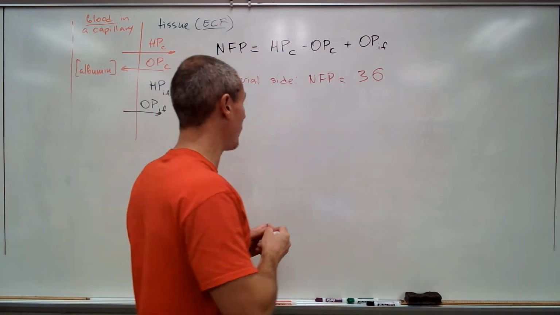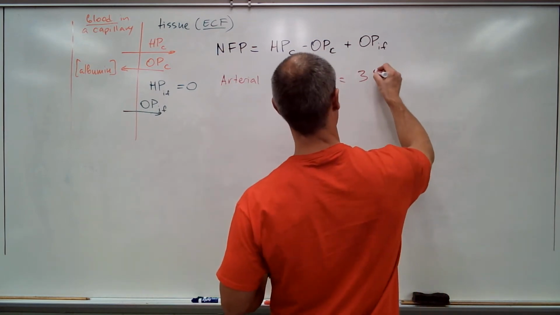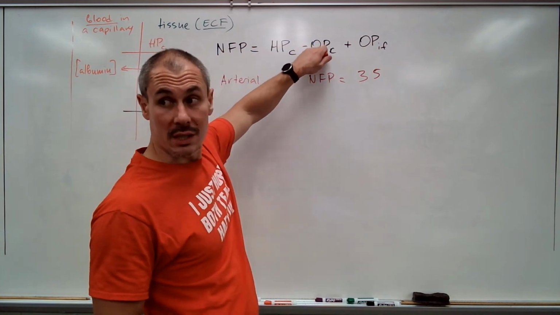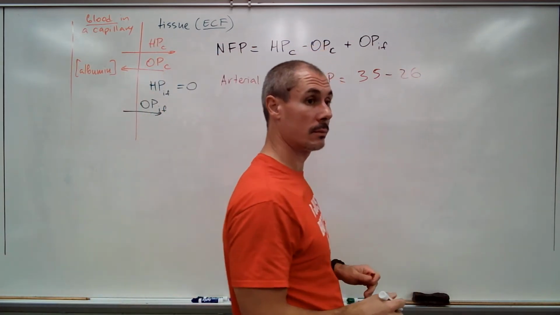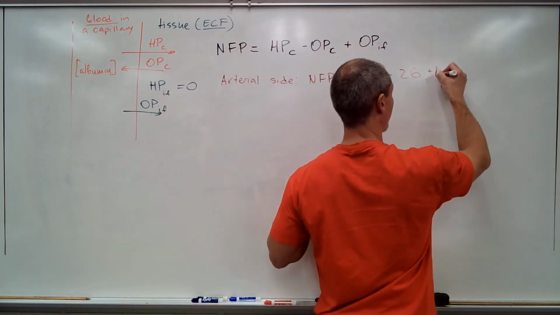I think 35. I don't remember from the top of my head. Let's say it's 35. Okay, 35. Fine. We measured it. Osmotic pressure is 27. And osmotic pressure from interstitial fluid is 1.